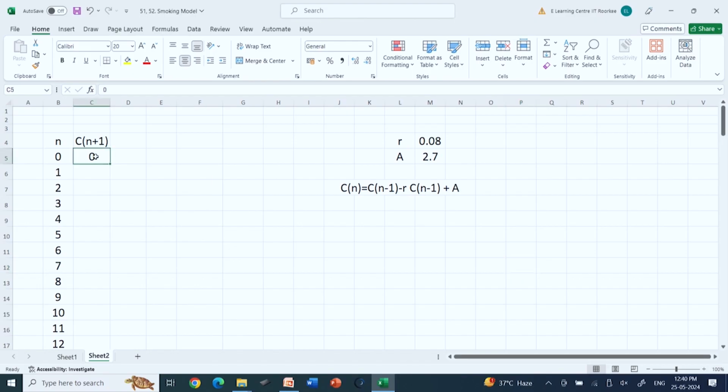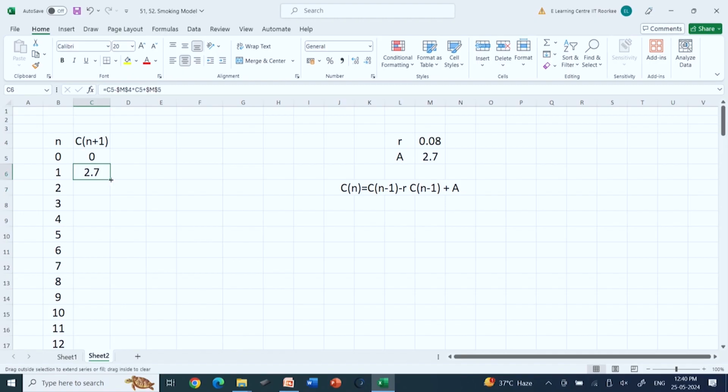And the initial value is taken to be 0, we assume there is no cadmium. Then this is equal to Cn minus 1, which is this, minus R times, which is a constant, multiplied by Cn minus 1, which is this, plus the constant value of A, which is 2.7, and I make this a constant by putting dollars and enter.